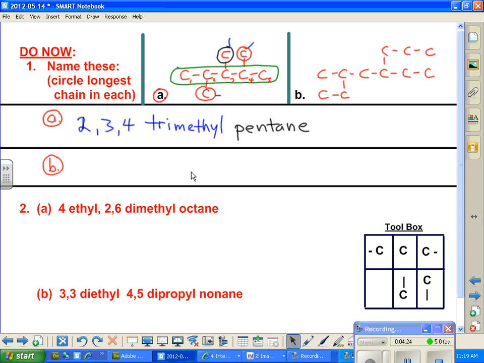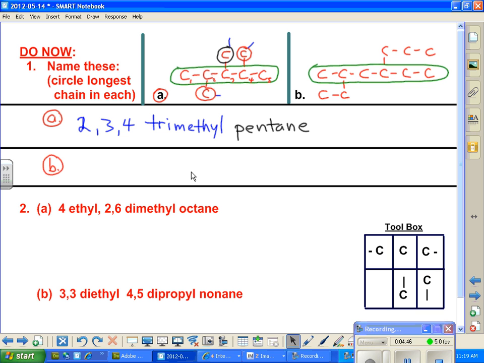Now, the next one, letter B, is a little bit deceptive, we might say. It looks like this should be our longest chain, but it's not. Why? Because if you start at the left, you'll count 1, 2, 3, 4, 5, 6. That's a hexane.